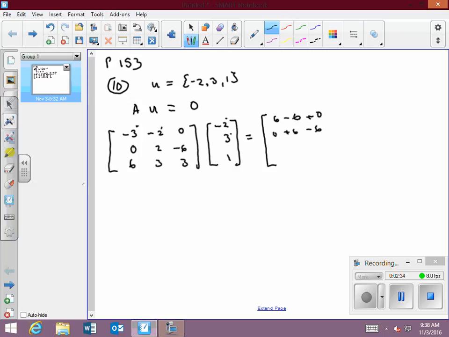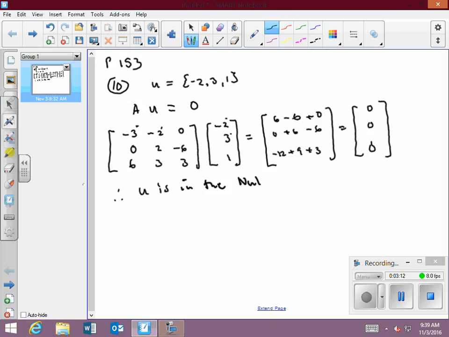And then the last row times that is minus 12 plus 9 plus 3. And so what you have is 0, 0, 0, and therefore you could say U is in the null of A.